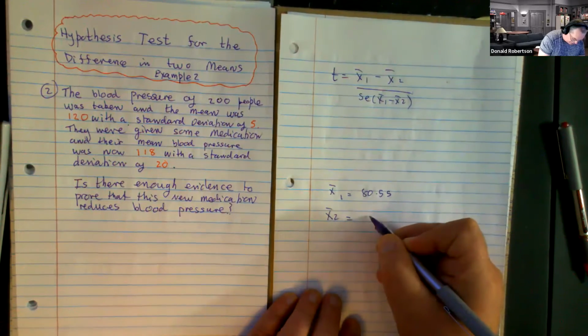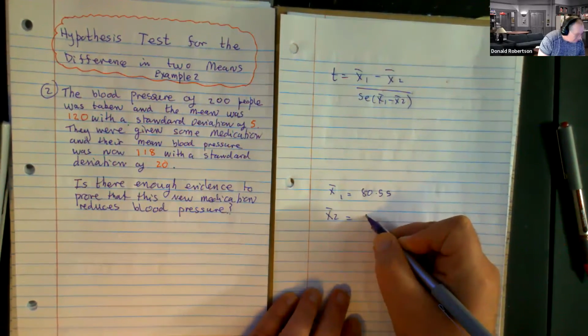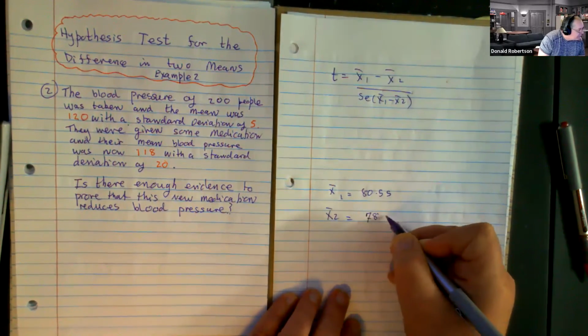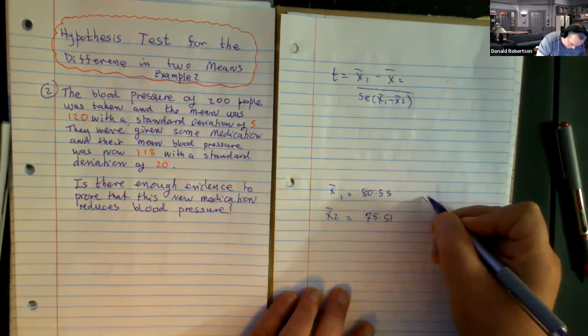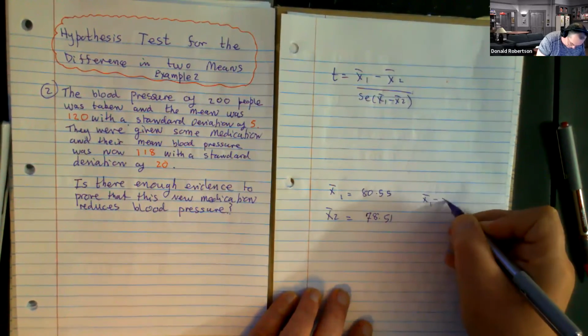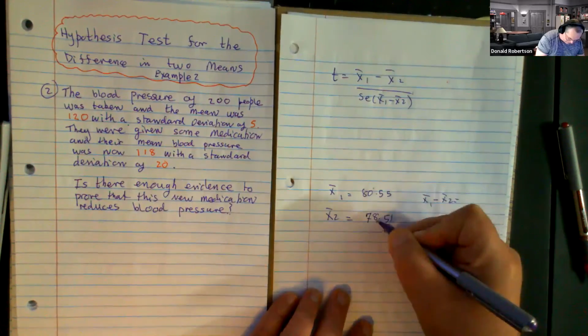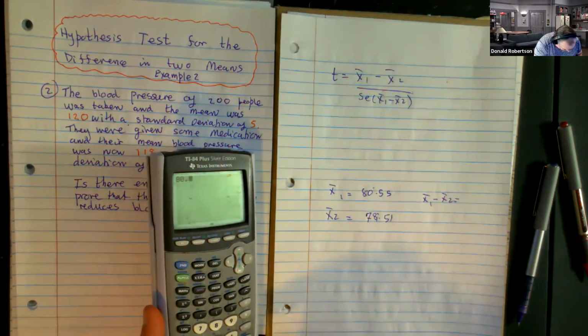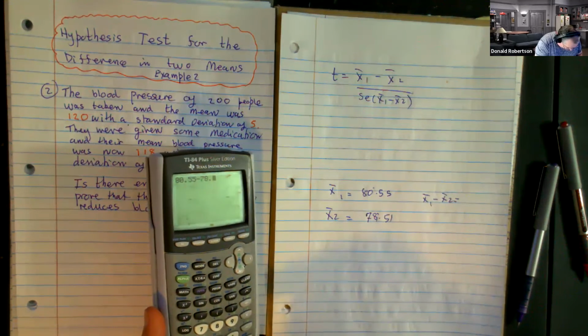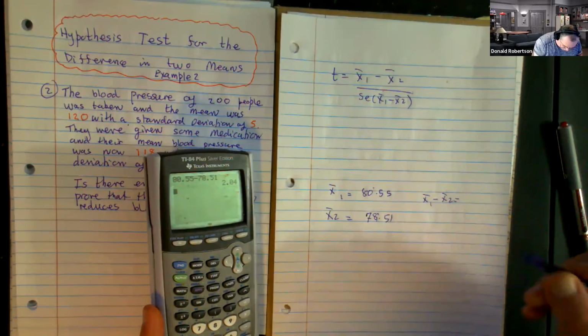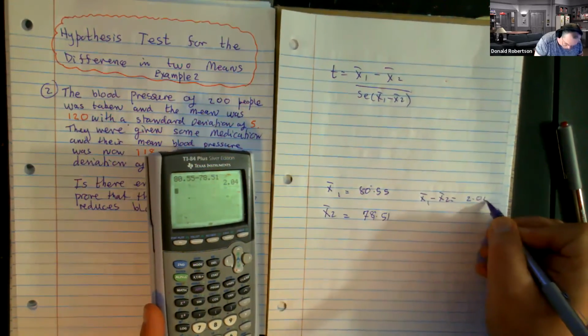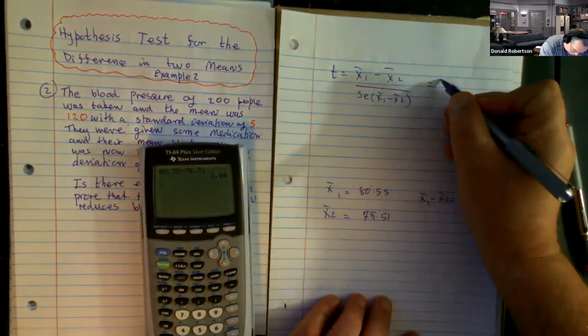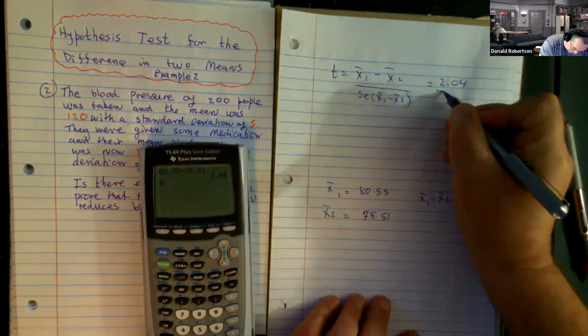This is the second sample, this is its mean. So x1 bar take away x2 bar is just going to be that take away that. So I'll do that in my calculator. 80.55 subtract 78.51, and that's 2.04. So 2.04 goes there.